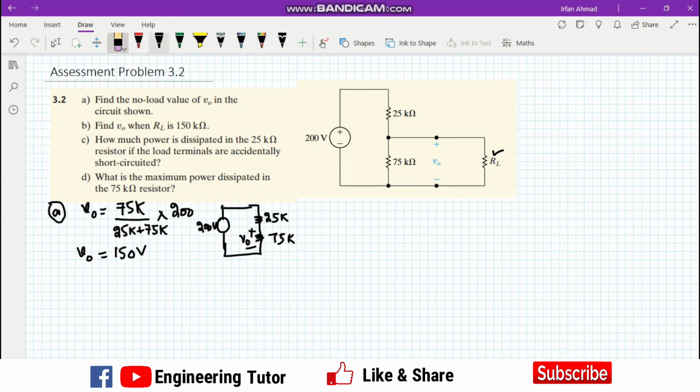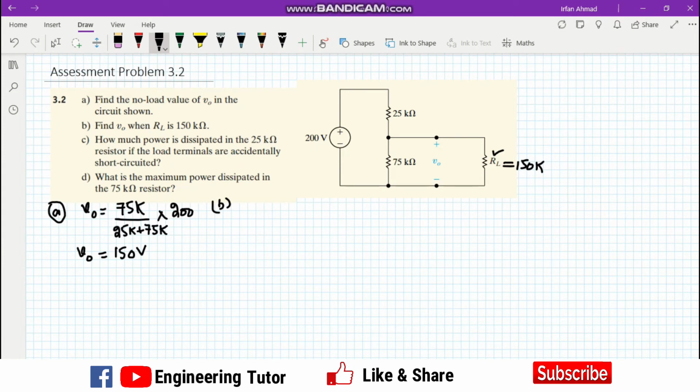Now for the other part, find V naught when RL is 150 kilo ohm. When RL is 150 kilo ohm, we can see that these two resistors are in parallel with each other.